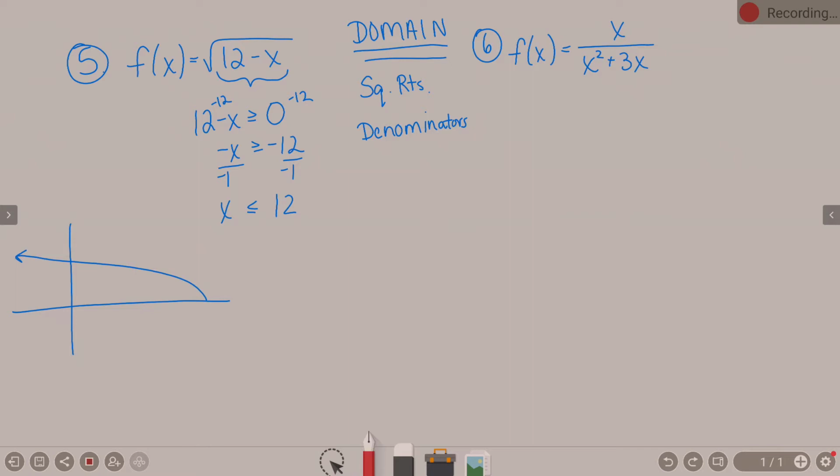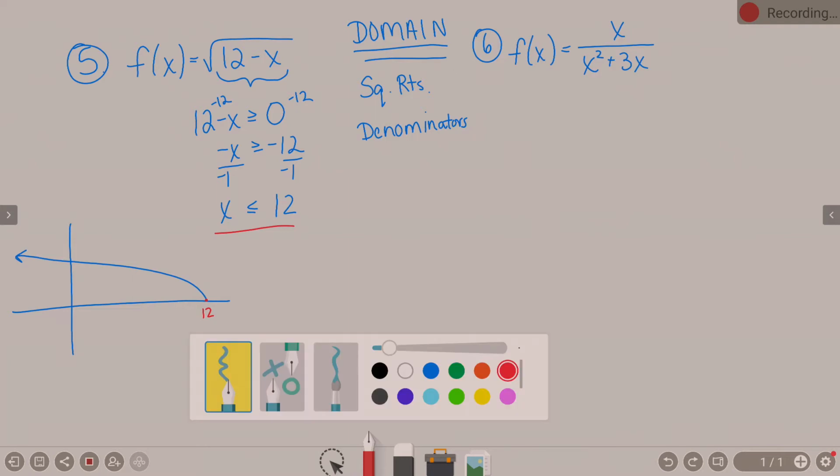Again, 11.96 value. And then once it goes to 12.15, I have a blank. So that makes sense that this is 12, doesn't it? So that supports the x less than or equal to 12.